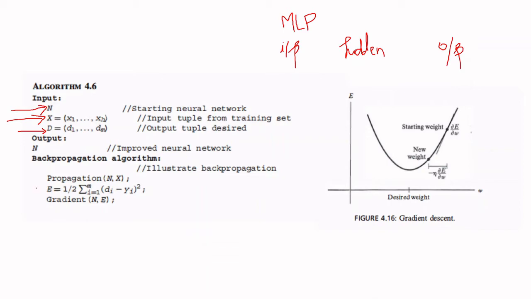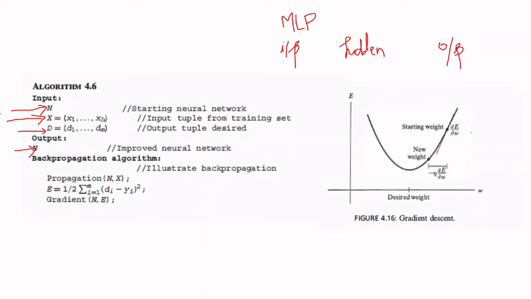The output is an improved neural network with weights as well as bias. We are only talking about weights, but bias is also similarly updated along with weights. So the output is an improved neural network with weights which are closer, or with lesser error.